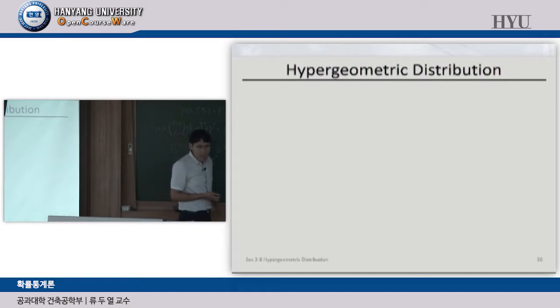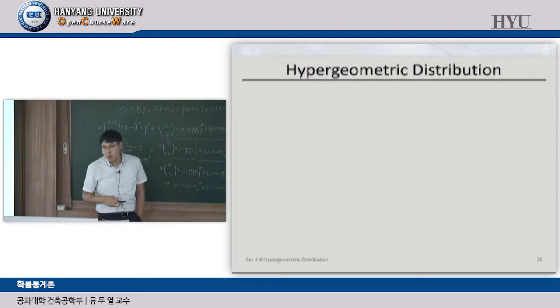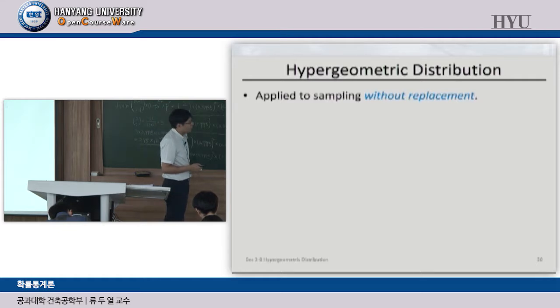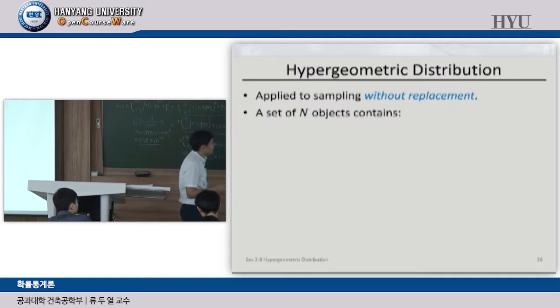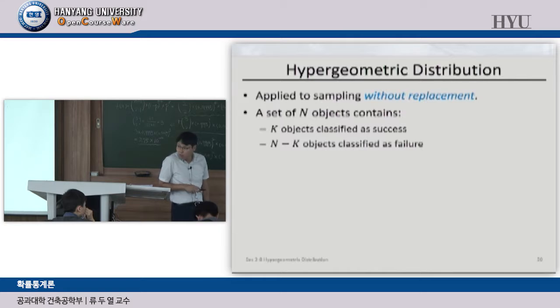And now I'm going to explain about the hypergeometric distribution, which is called 초기하 분포 in Korean. And this can be applied to sampling without replacement. A set of N objects contains K objects which are classified as success, and N minus K objects which are classified as failure.